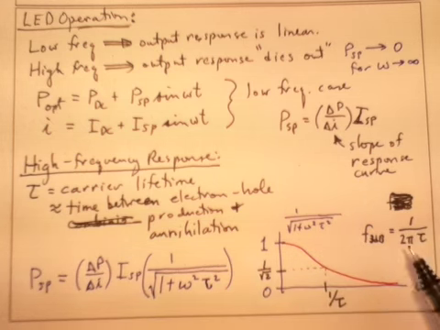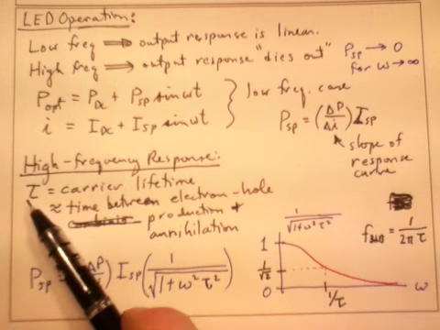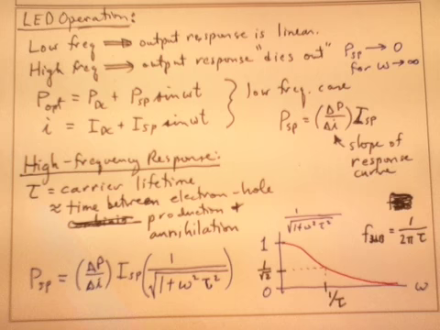The other equation we're going to write down is that, well, tau is not so easy to measure in a real device. If we have a real LED in our hands, we want to be able to make a measurement.